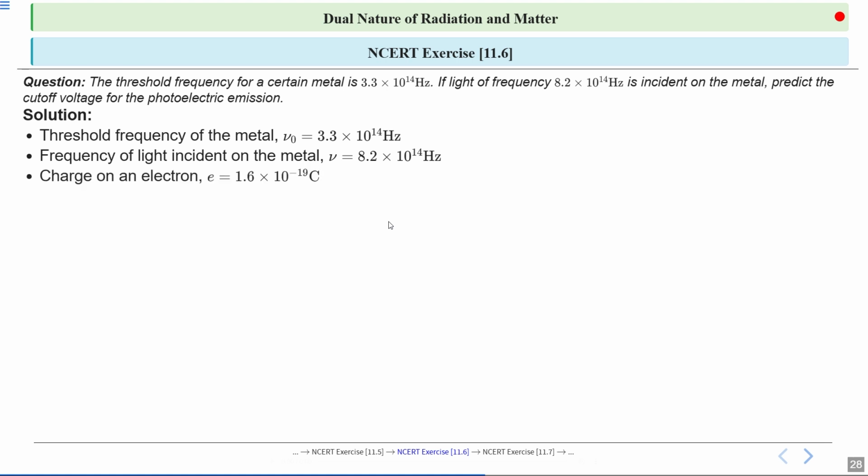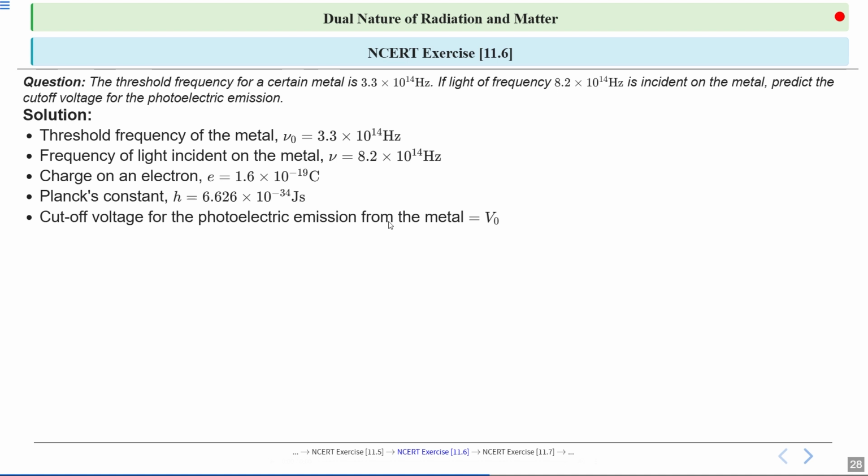So we know the charge on an electron, that is 1.6 into 10 raised to the power minus 19 coulomb, and Planck's constant 6.626 into 10 raised to the power minus 34 joule second. Cutoff voltage for the photoelectric emission from the metal is equal to V naught.